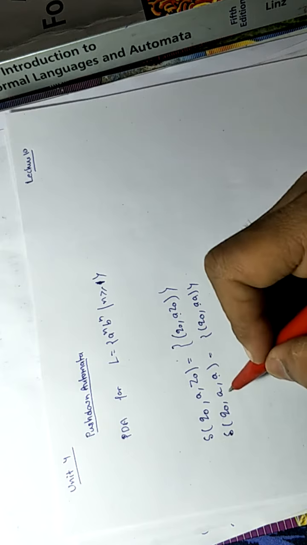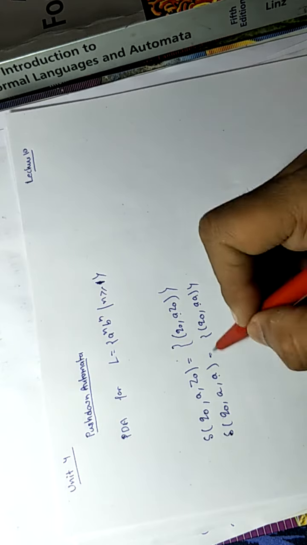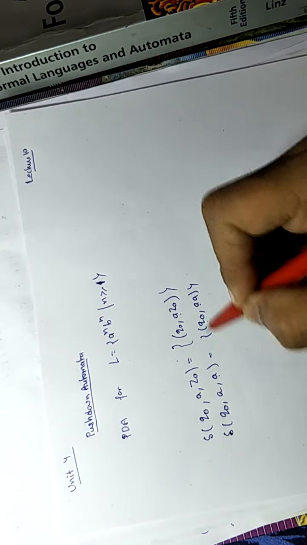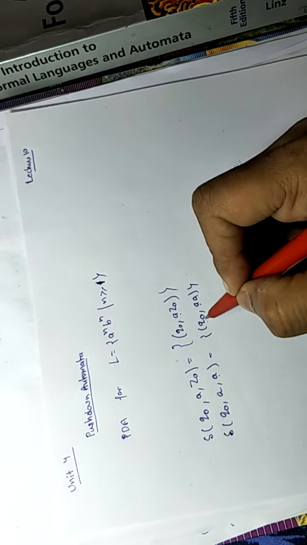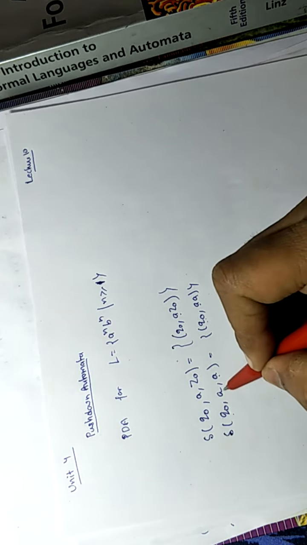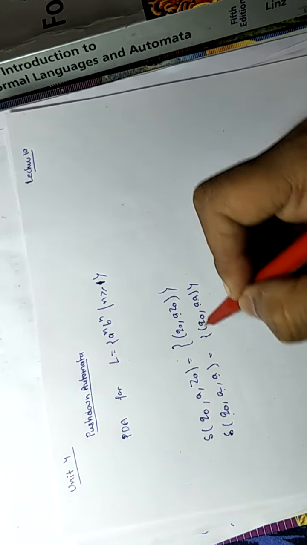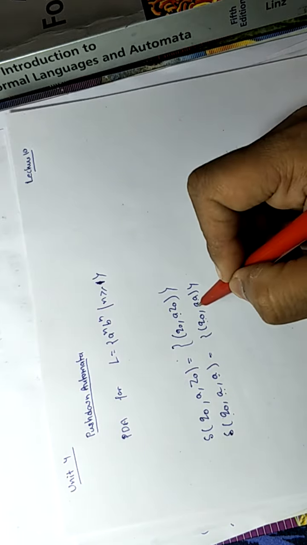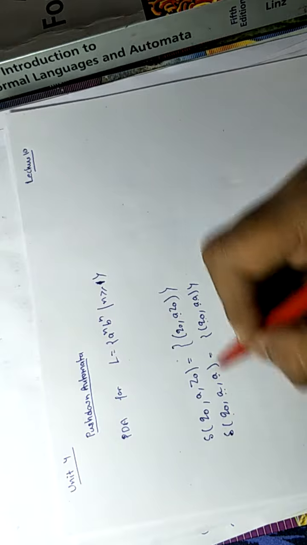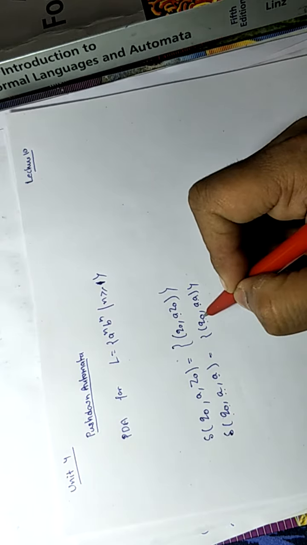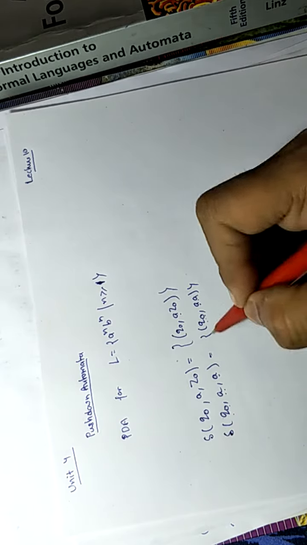If we get another a, this transition will work for every a because we are at q0. After pushing a, we are at q0. Again at q0 we get a, and with a on the top, we can push it again. This is a loop from q0 to q0. It will repeat for every a.